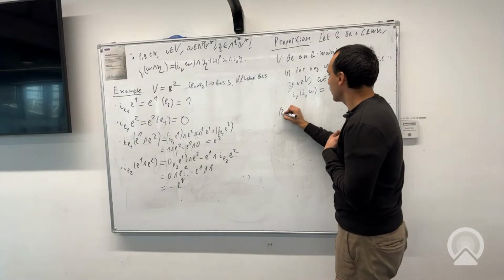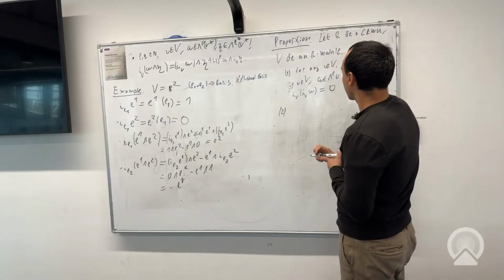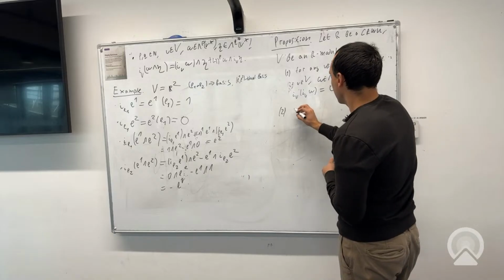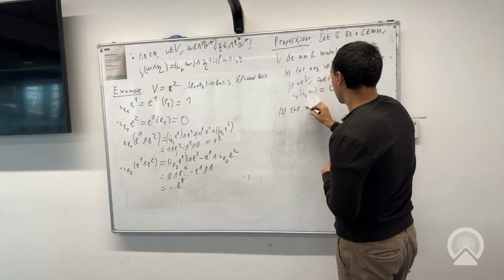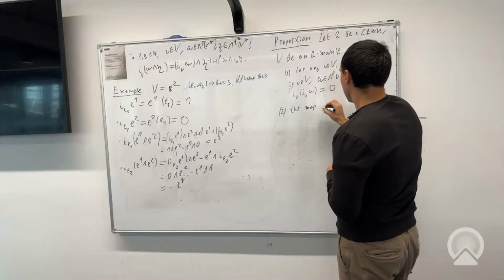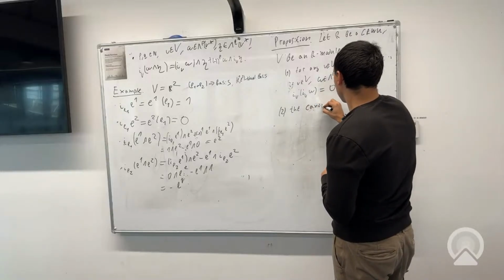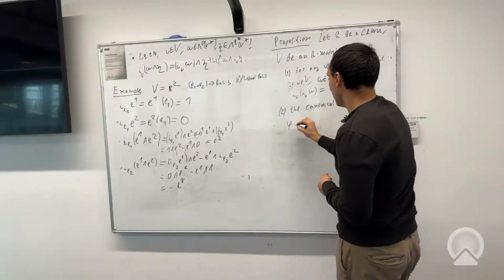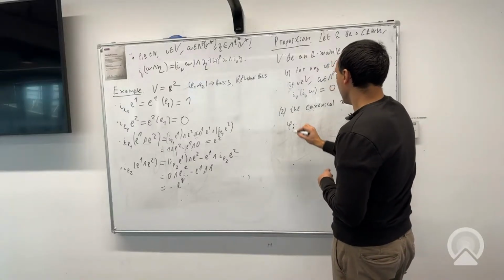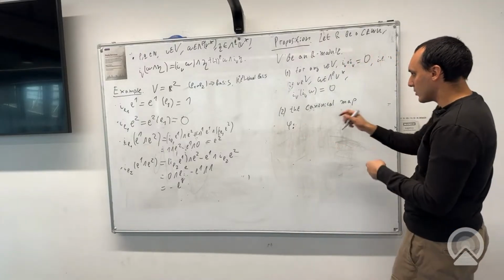And second, the canonical map, people usually make them equivalent, and that's why.